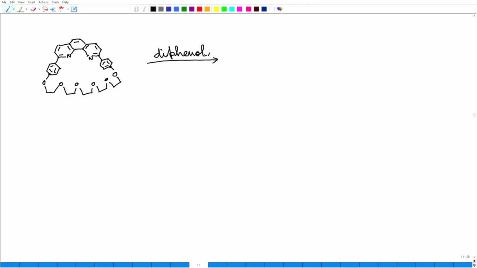and copper salt. Okay, this is a BF4 salt. So this will make copper. Let me draw now this diphenol. What is this diphenol?